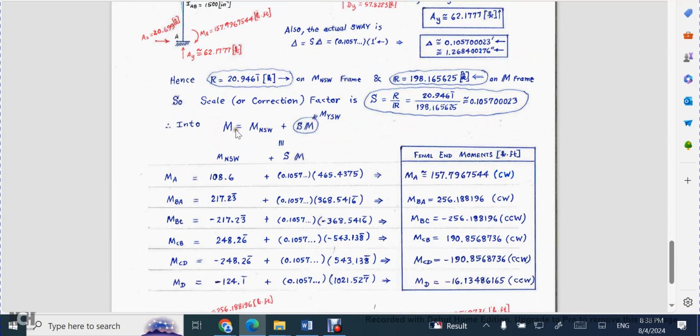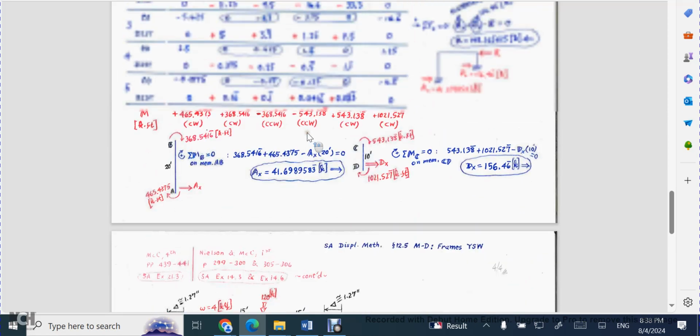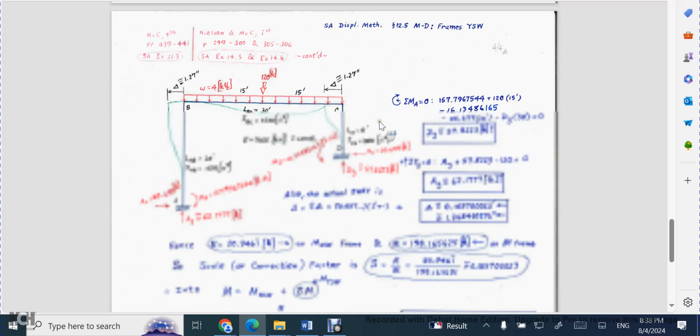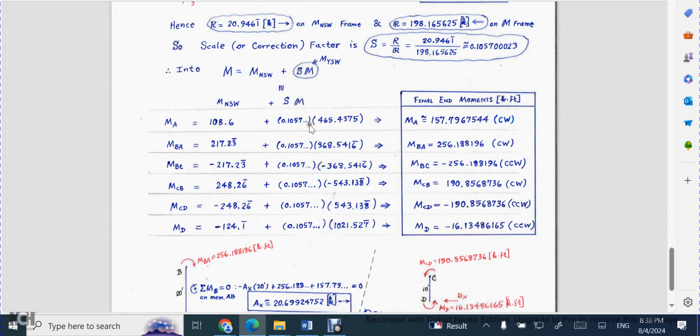And then what you want to do is add up your No Sidesway moments that we evaluated together with the Yes Sidesway moments, which are arrived at by pre-multiplying that correction factor into the double-barred M values that we just found down here, okay? So if you do that, I'll just take one as an example.